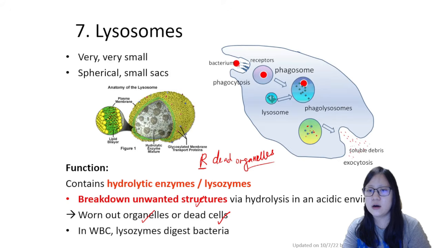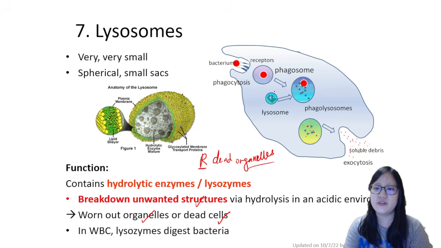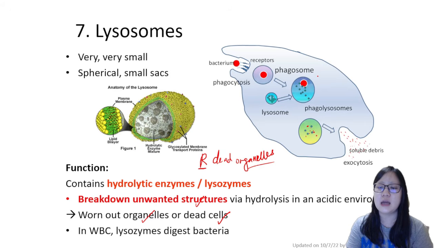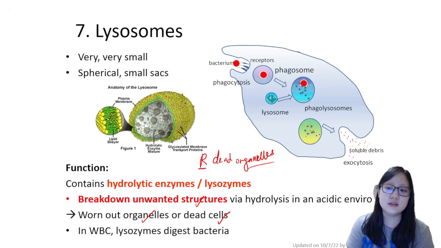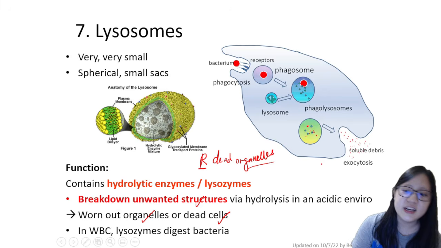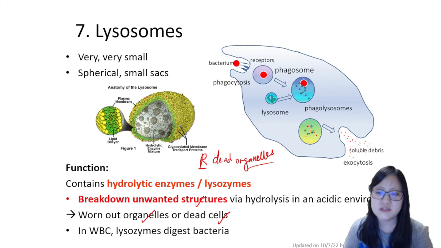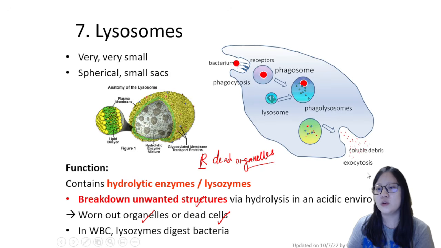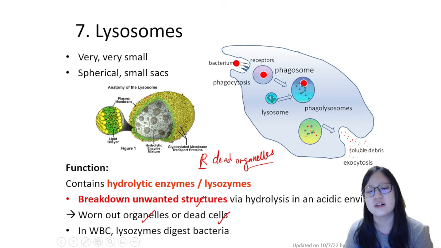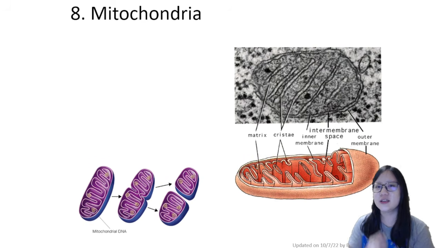You can see how the bacteria is engulfed by this cell, and then the lysosome and the phagosome fuse, and this exposes the bacteria to the lysozyme, and the lysozyme breaks it down, and then the cell debris gets thrown out of the cell via exocytosis. Now, this process you will learn in more detail in the coming chapters. I know I say that a lot, but I really do explain them in more detail later on. Anyways, two more cell structures to go.